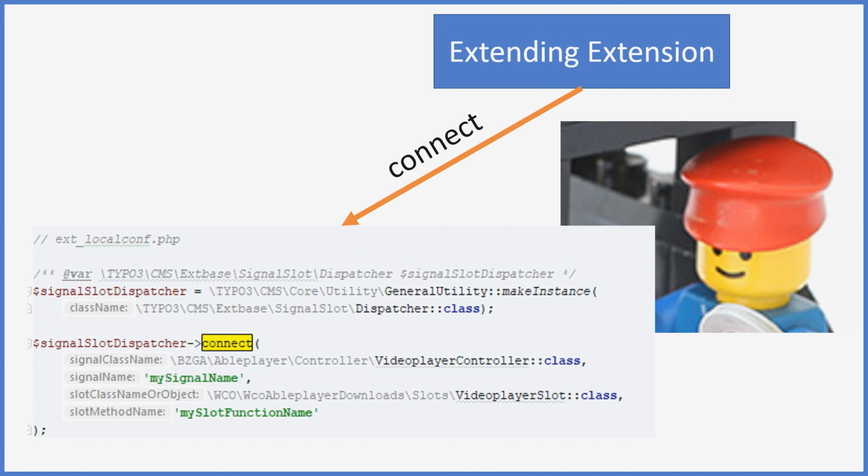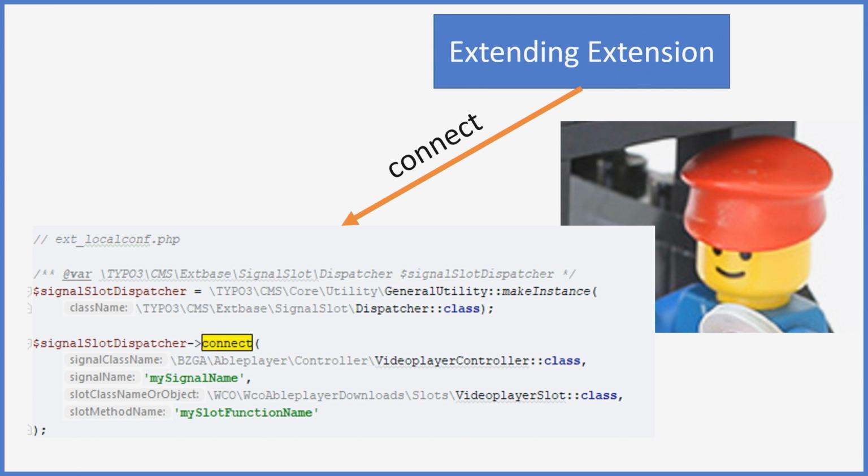Connecting a slot is like this little guy here who is out there of his train watching for signals. It doesn't really do anything yet. I can connect my slot in the ext_localconf.php by calling connect on the signal slot dispatcher.